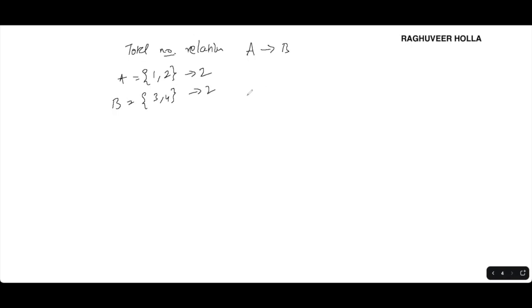The number of relations from A to B will be 2 to the power of m times n, which is 2 times 2, so 2 to the power of 4. And we will have a look at the second one.